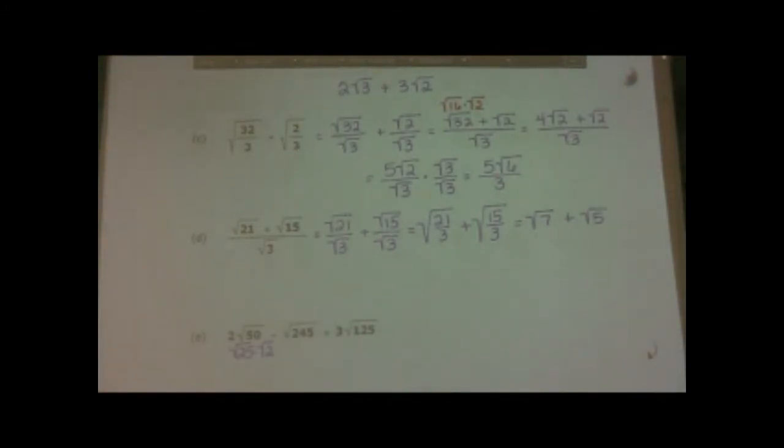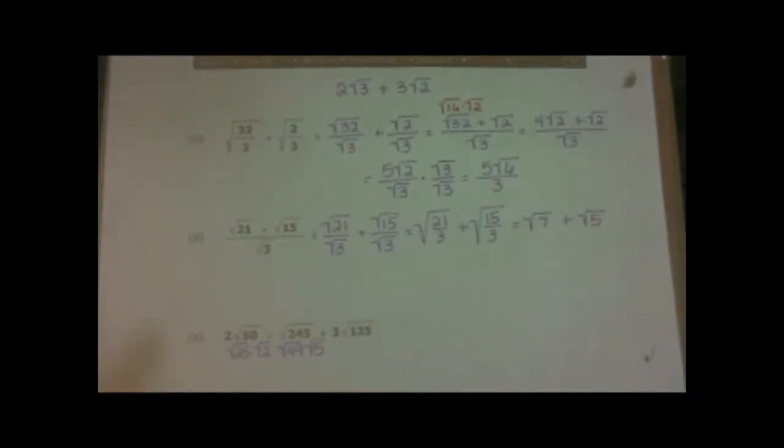All right, take a look at 245. I may not know right away what goes into 245, but remember my perfect squares, so I can just go about trying some of these. I tried 9, and 9 doesn't go in. 16 doesn't go in. 25 won't go in. 36 doesn't go in. 49 does. 49 times 5.